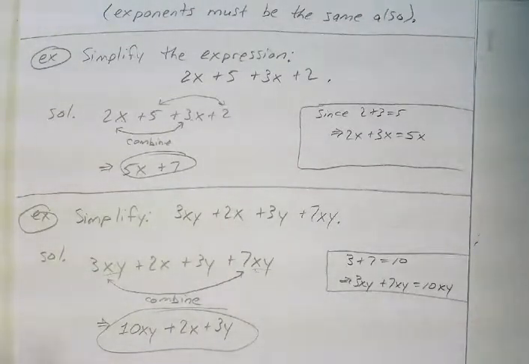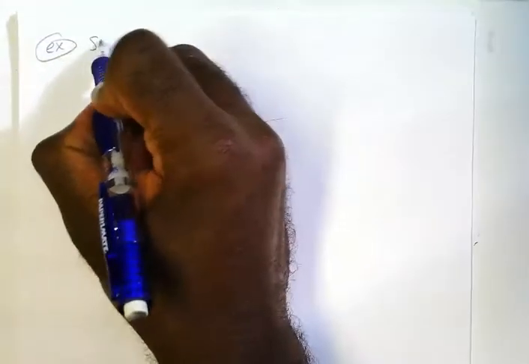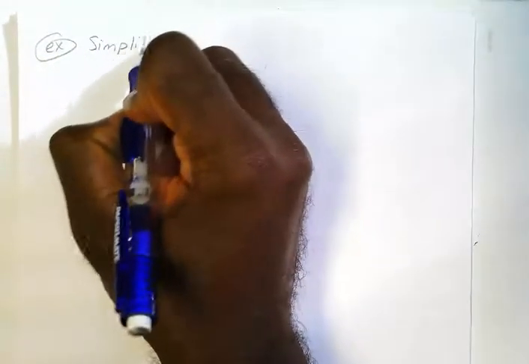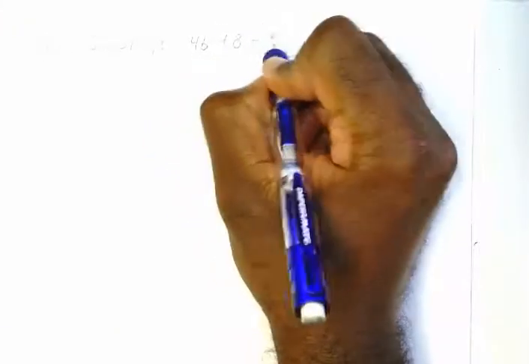Alright, so let's go to our next example. Okay, what if we wanted to simplify 4b plus 8 minus 7b plus 9?